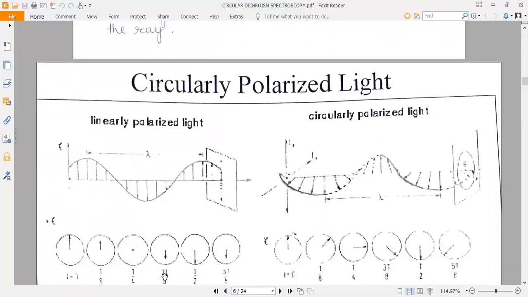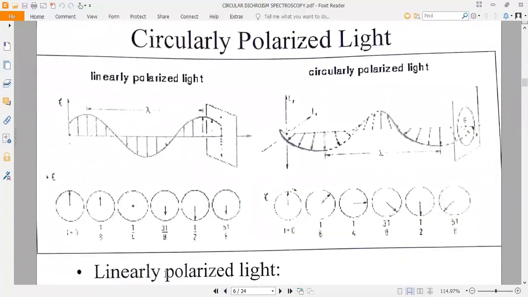Now, what is the difference? You can see here. This is the linearly polarized light. What happens? This is moving like this. This is the E vector. And this is lambda. This length will be lambda. Now, this is circularly polarized light.